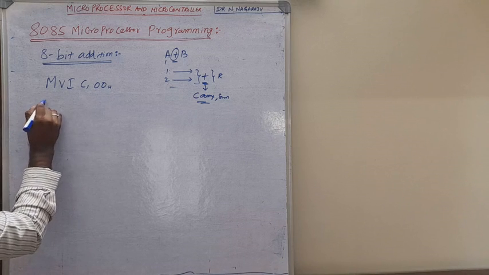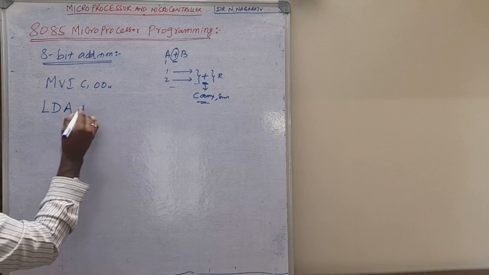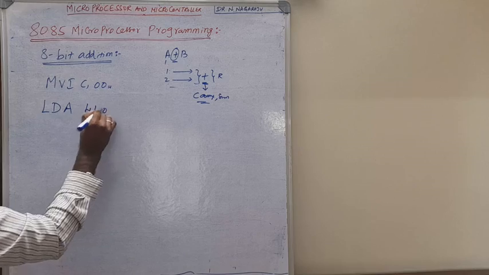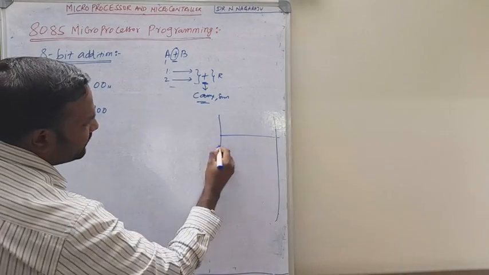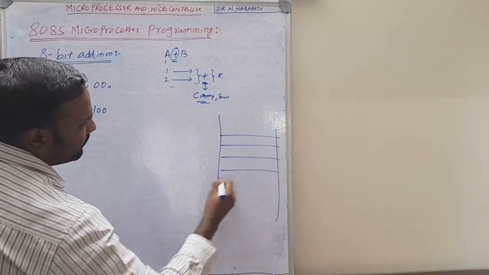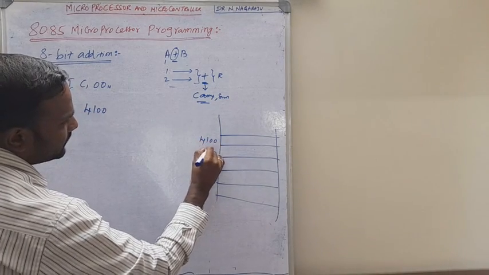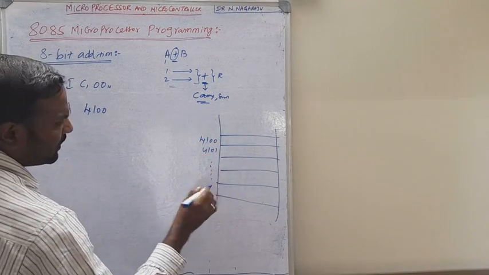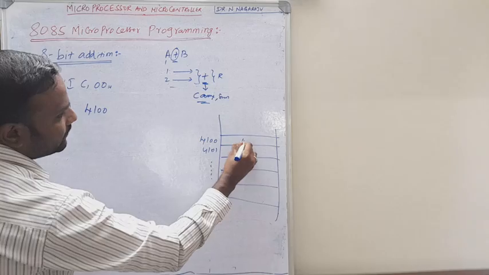Now I am going to use LDA for the first data. First I am going to take the first data from memory, LDA 4100. For example, assume the memory looks like this. Memory has different slots, so here 4100, 4101 and so on. Many memory locations are there. I am going to use the first data, for example 03.